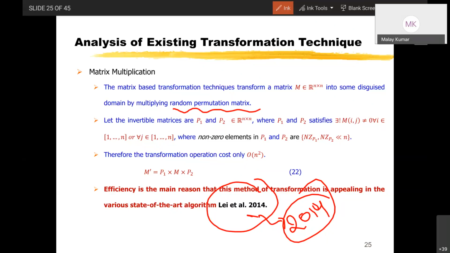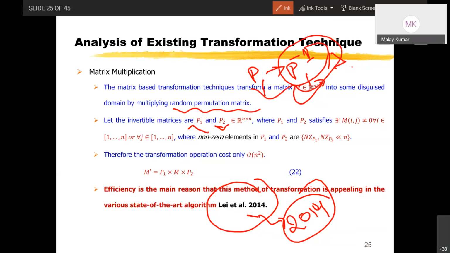A few invertible matrices. Invertible matrices means if there is a matrix Pn, it is possible to perform an inversion of the matrix. You know that a matrix inverse is only possible if the determinant of the matrix is nonzero, and at the same time you produce the adjoint of the matrix to produce P inverse.